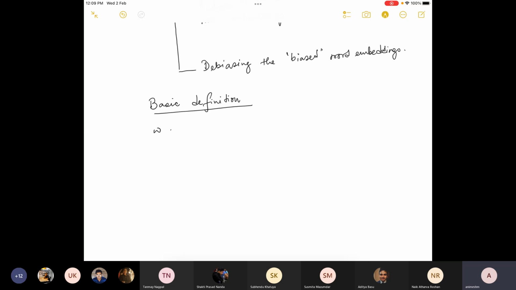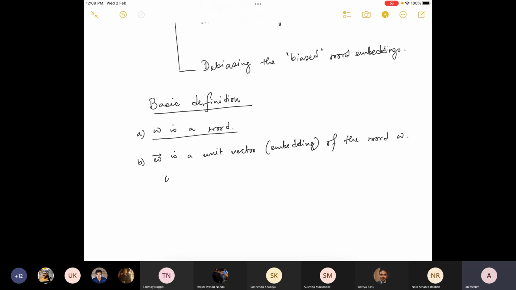Let's say w is a word. w vector is a unit vector, or in other words, an embedding of the word w.